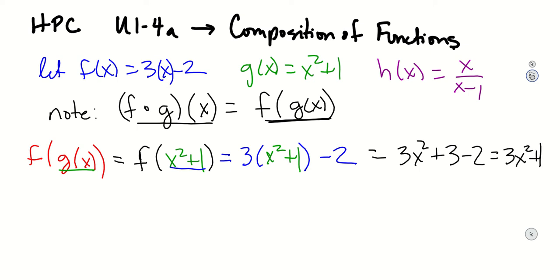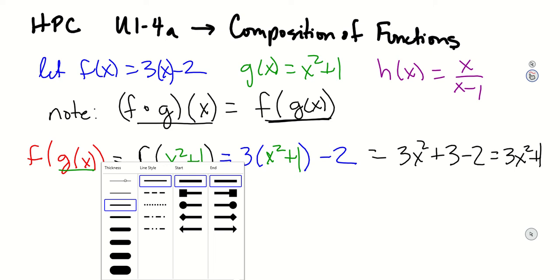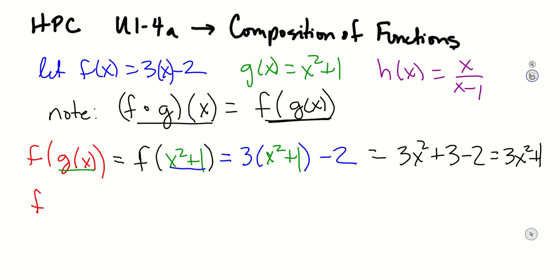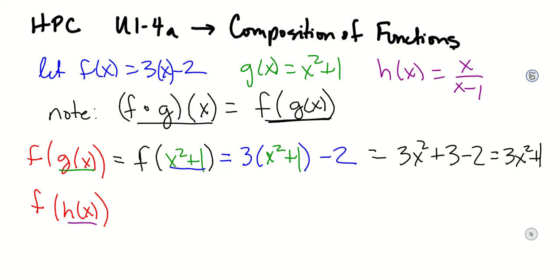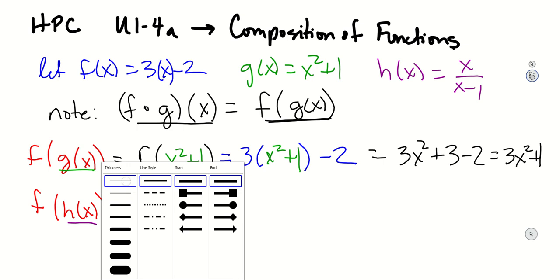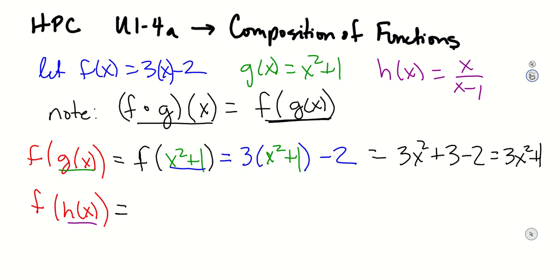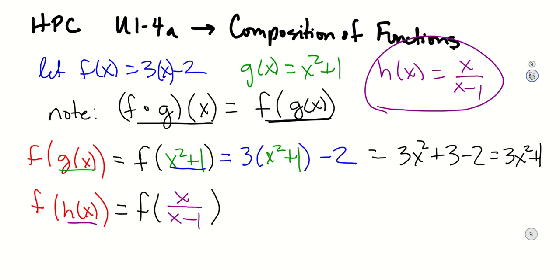Let's do another one. This time, let's find f of h of x. h of x is our purple function here. So f of h of x is f of what h of x equals, and h of x is x over x minus 1, so that's f of x over x minus 1.